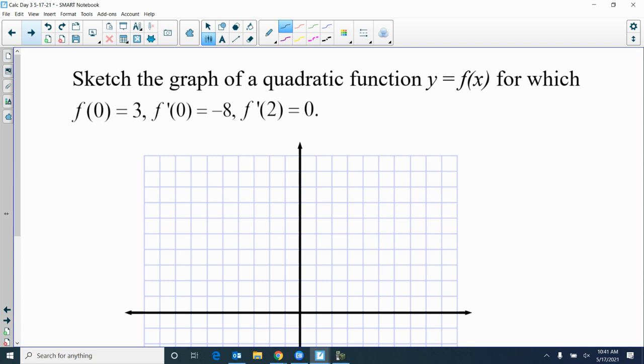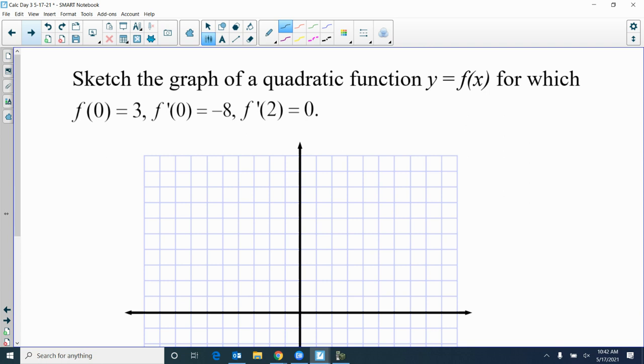Now remember, you're graphing f of x. Okay, so f of 0 equals 3.